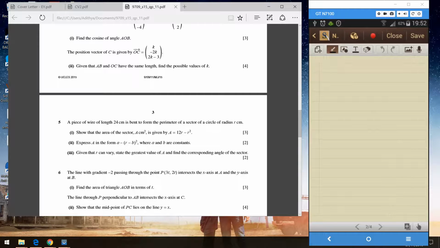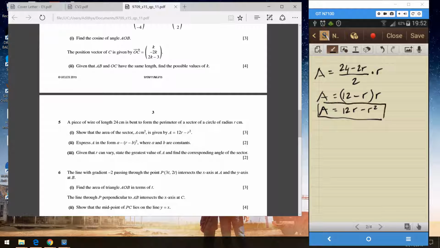So we have 24 minus 2r divided by 2 times r, and this simplifies to 12 minus r times r. So that's 12r minus r squared, and so we have answered the first question. Sorry for the first mistake, I misread the question there.